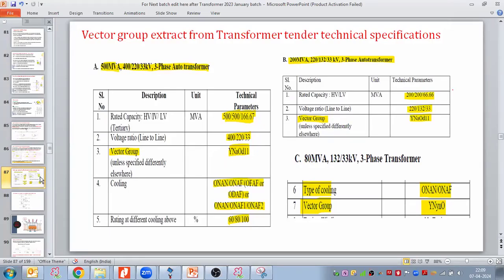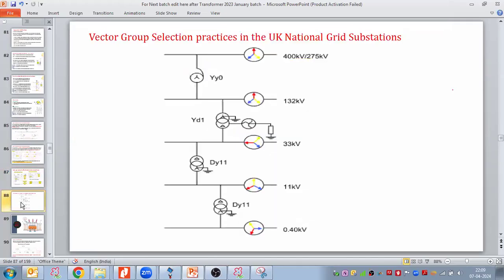Let us see what we select in the UK. So I have taken a snapshot of the UK national grid, their voltage and their transformer vector configurations. For any 400 kV by 275 kV or 275 by 132 kV, they take the YN0.